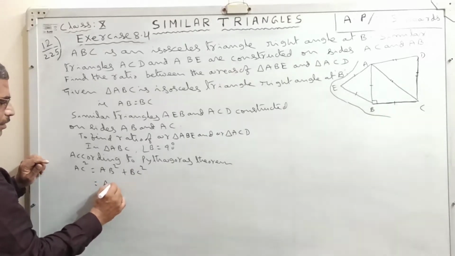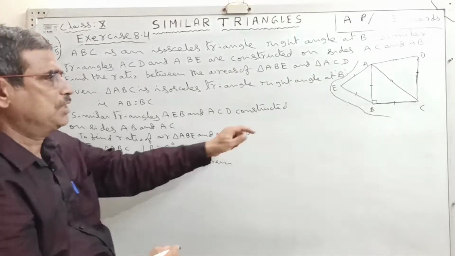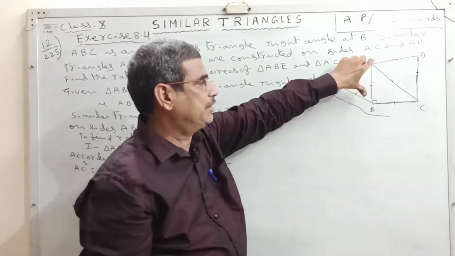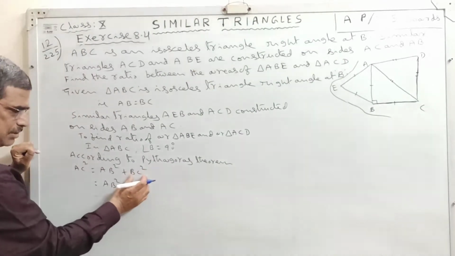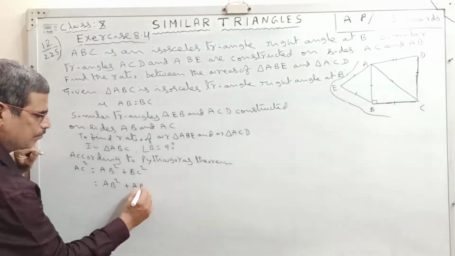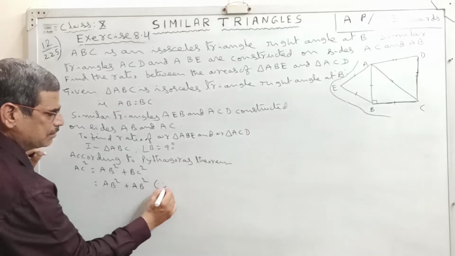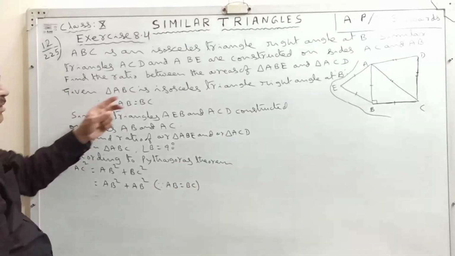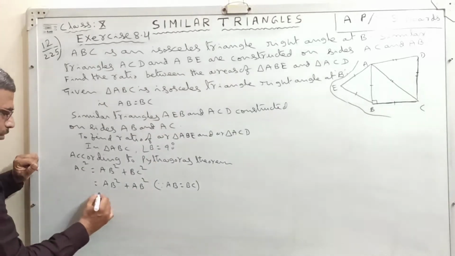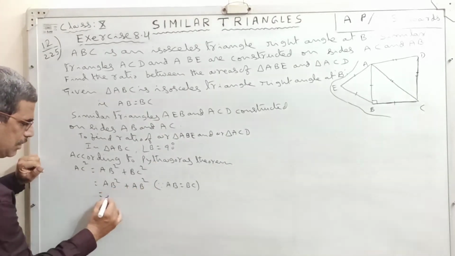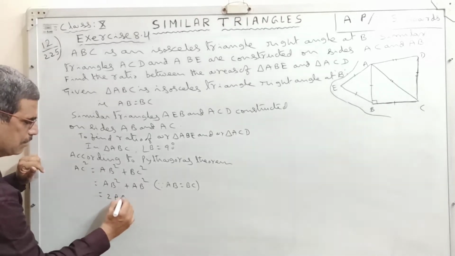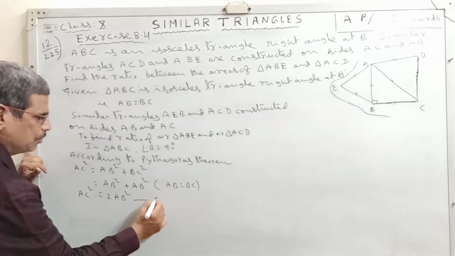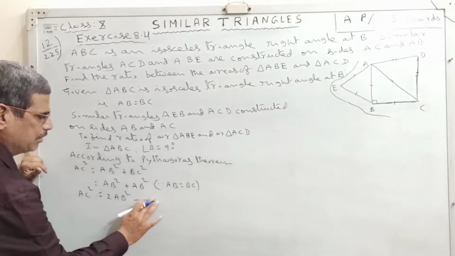Already you know very well these two sides are equal. So instead of writing BC, I will write AB, because AB is equal to BC. That is an isosceles triangle. So AB square plus AB square is 2AB square. So AC square is equal to 2AB square. This is equation 1.